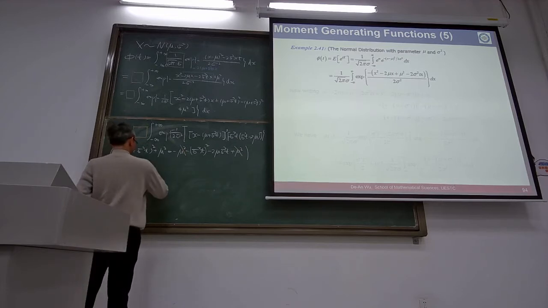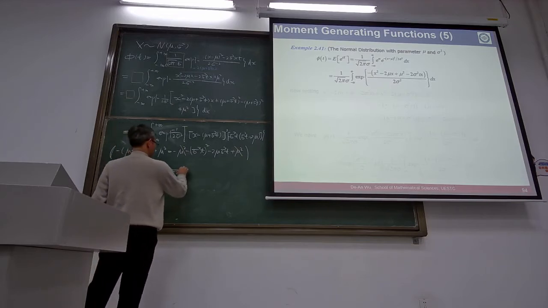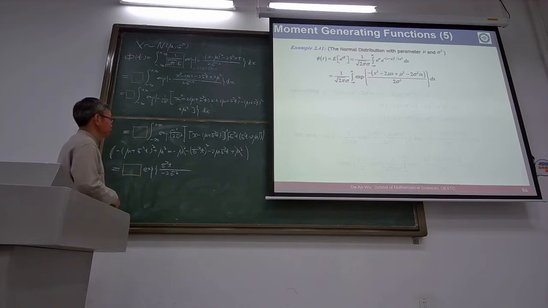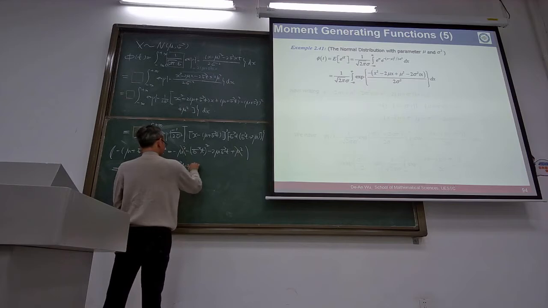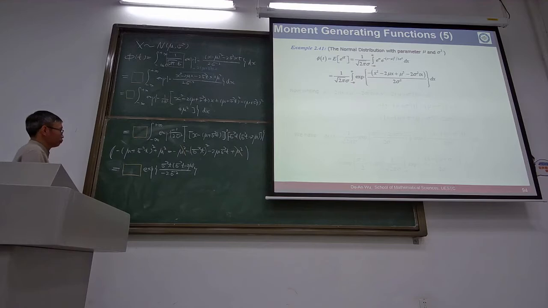So minus 2 sigma squared, here sigma squared t, interchange two parts.